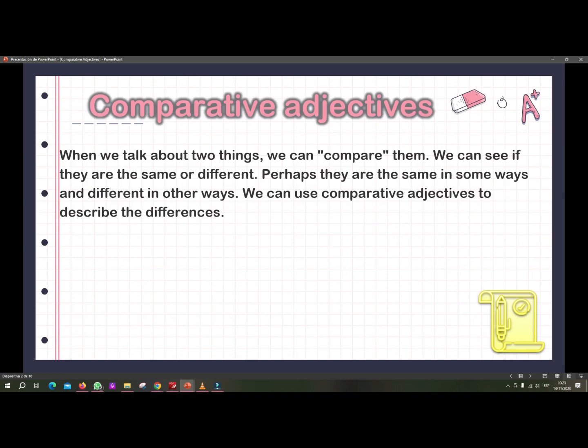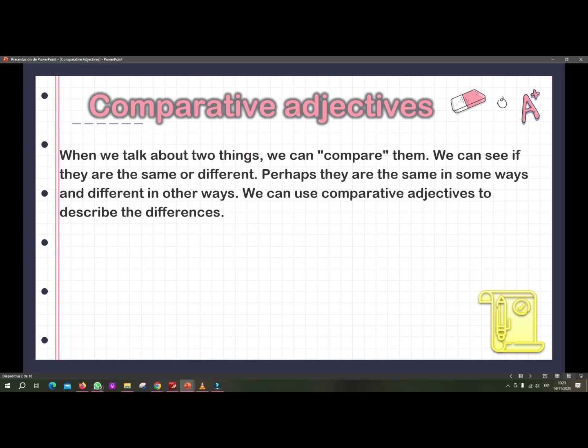When we talk about two things, we can compare them. We can see if they are the same or different. Perhaps they are the same in some ways and different in other ways. We can use comparative adjectives to describe the difference or to compare, right?